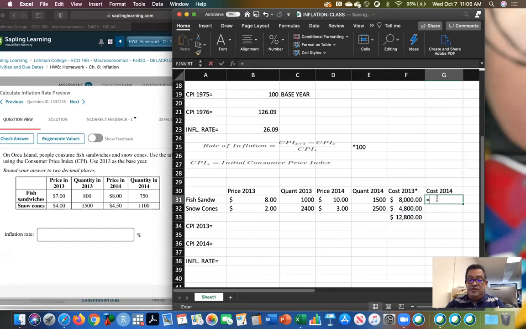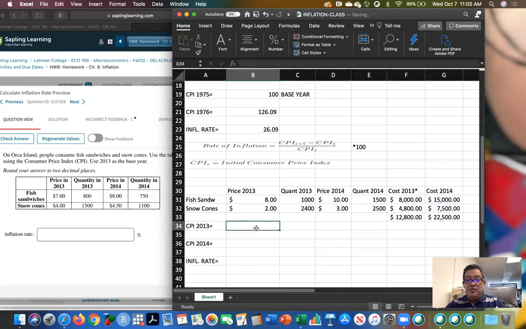So we do the same for 2014, price times the quantity, also price times quantity, right? Then we add: equal sum, open parentheses, highlight the 2 pieces of data, and sum.